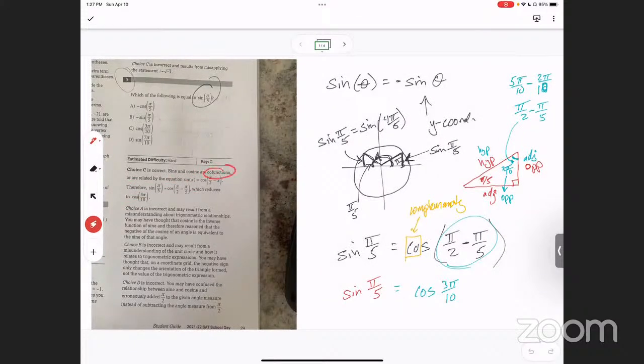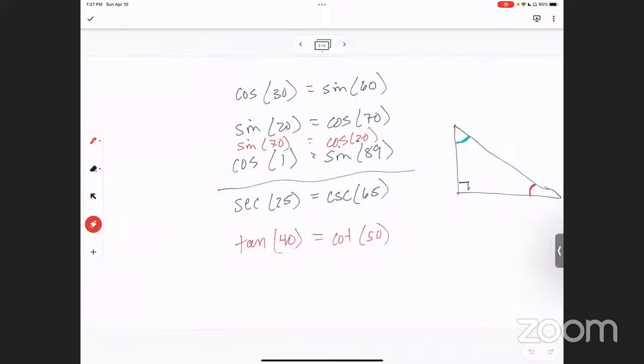What it means to be co-functions is that the sine of one angle is equal to the cosine of its complement. The cosine of one angle is equal to the sine of its complement. So these two have to add up to 90. Got it? And that's the point I'm making here.